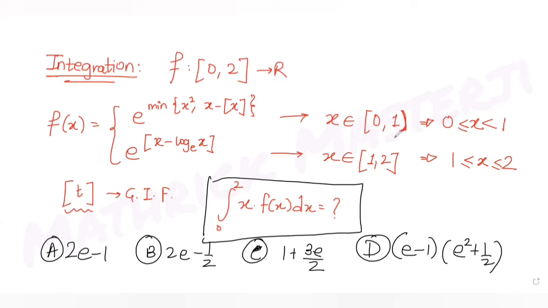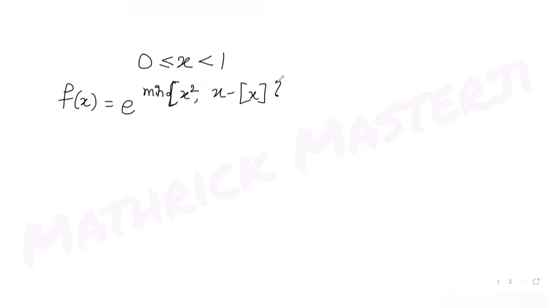So first of all, let's analyze the functions in the given intervals of x. First, when the values of x are from 0 but less than 1, the function's value f of x is given to us as e raised to the minimum out of the two parts, which is x square or x minus the greatest integer function of x.